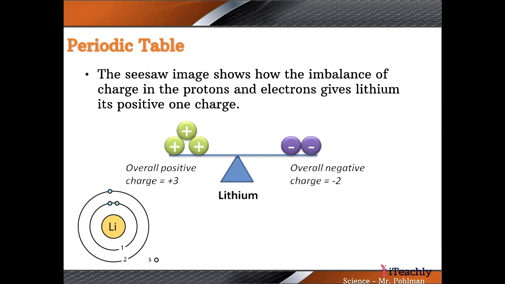If we look at this in terms of a seesaw, okay, at first you have a Bohr model of lithium. It's unstable because it's got that 1 outer electron right there. If it gets rid of that outer electron, you have fewer electrons than protons. That's why it is more positive by 1. All right.